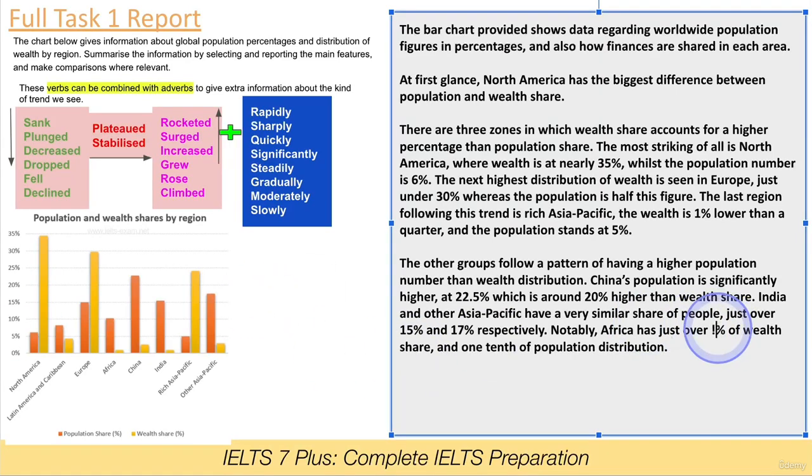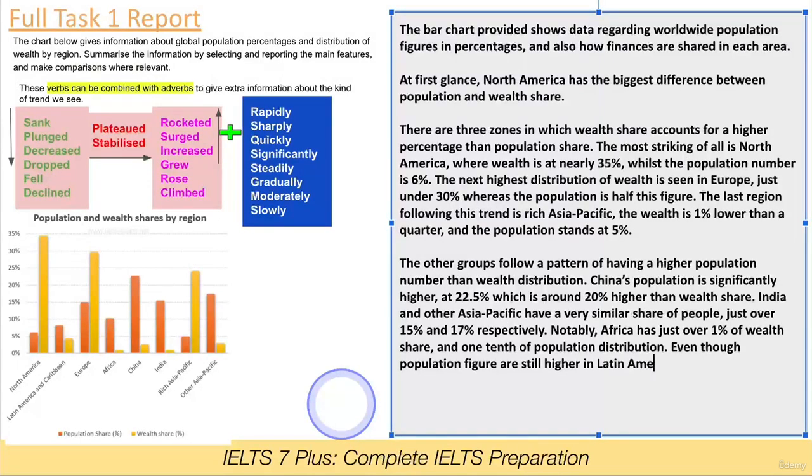Oh, just editing our work, always there. And then let's finish with Latin America and Caribbean, where both figures are a bit more similar, even though population is still higher. So even though population figures are still higher in Latin America and Caribbean.